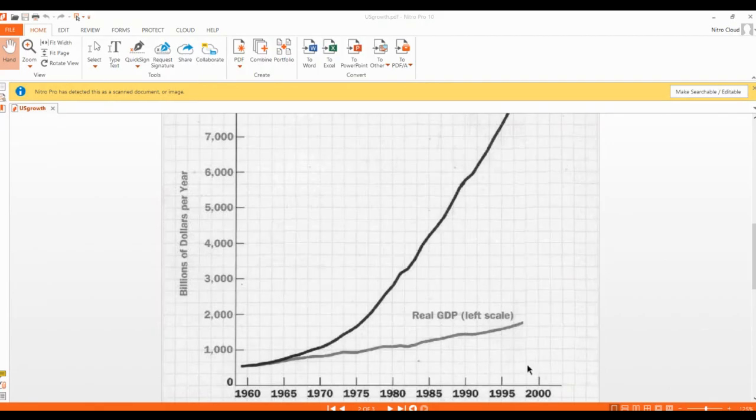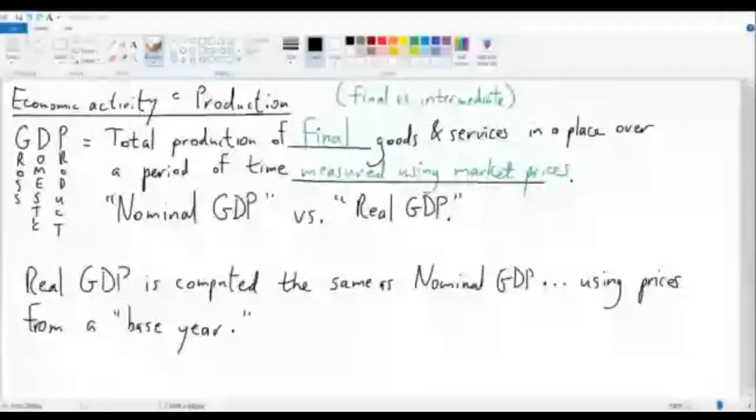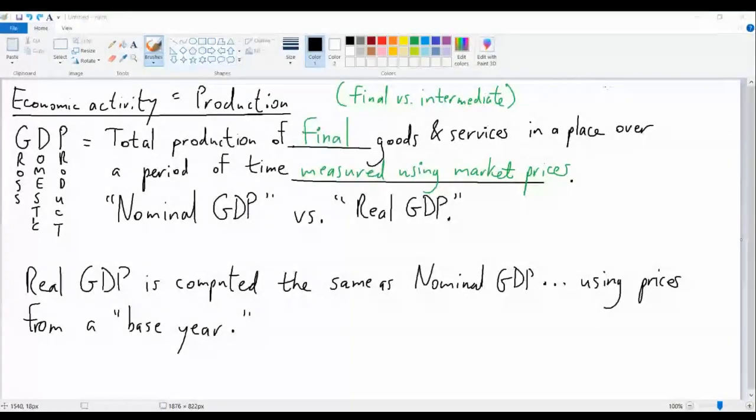So there we go. We're going to measure production using real GDP, which is just adding up the total value of final goods and services in a place over a particular period of time using market prices from a base year.